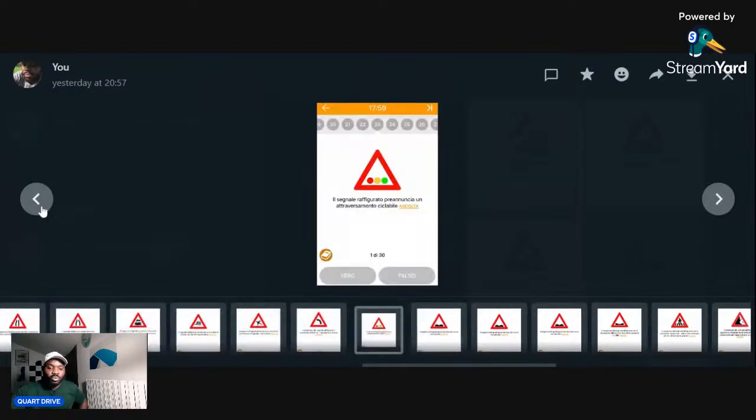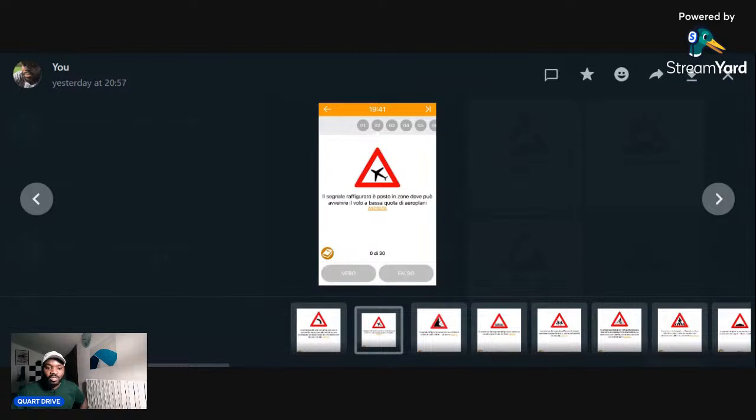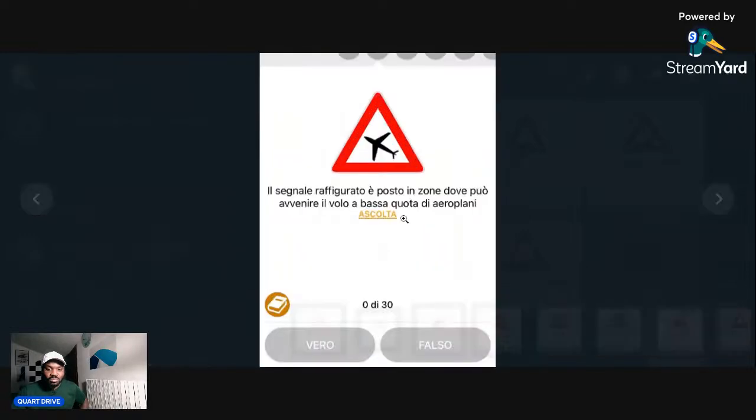So we'll go with the second question. It says: il segnale raffigurato è posto in zona dove può avvenire il volo a bassa quota di aeroplani. This sign, you can see the aeroplane on it.